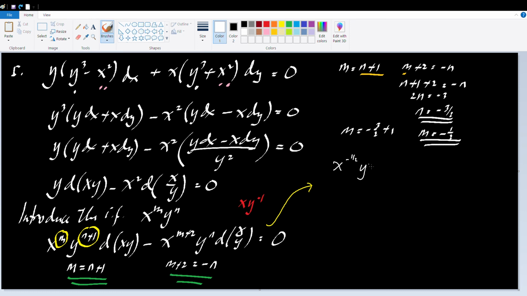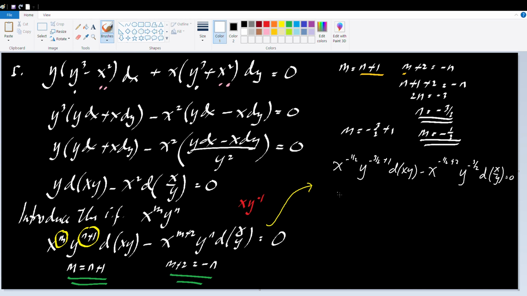Negative 3 halves plus 1, differential of xy, minus x raised to m, negative 1 half plus 2, y raised to n, which is negative 3 halves, and then differential of x over y equal to 0.